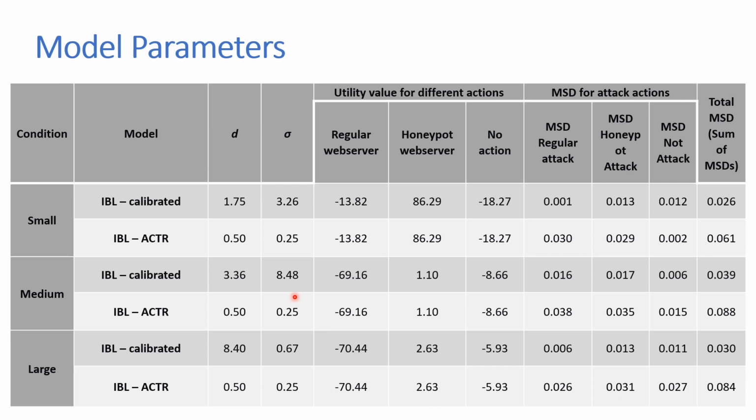So the adversary might have been deceived by the presence of equal proportions, and on probing or attacking he was not able to predict the good outcomes. And the memory decay value increased significantly on increasing the proportion of honeypot web servers.